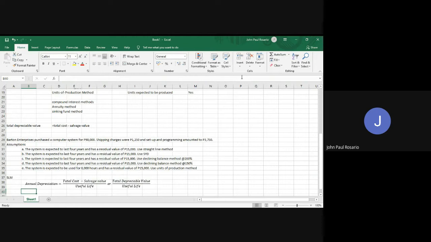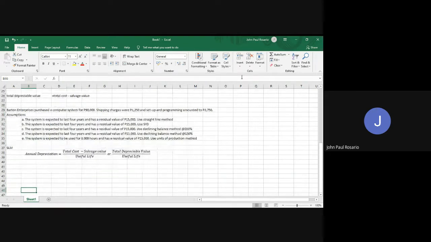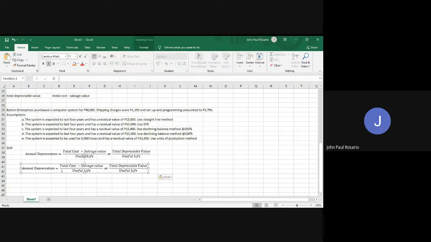So with that, for our straight line method, our annual depreciation would be our total cost. Let's solve first for our total cost. Total cost is equal to 90,000, and then we add our 1,250 because it's necessary.